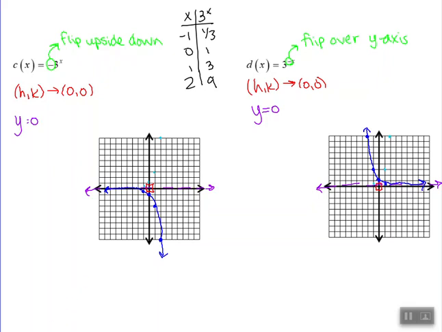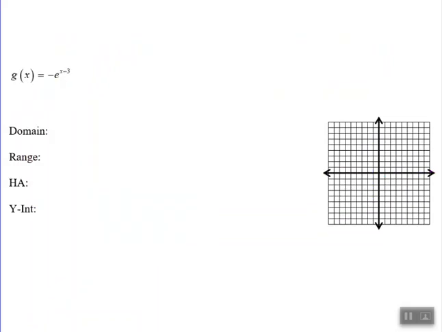Let's look at one more example. Here, we have g of x equals negative e to the x minus 3. Remember that e is approximately equal to 2.718. It is an irrational number, similar to pi, that is frequently found in nature.